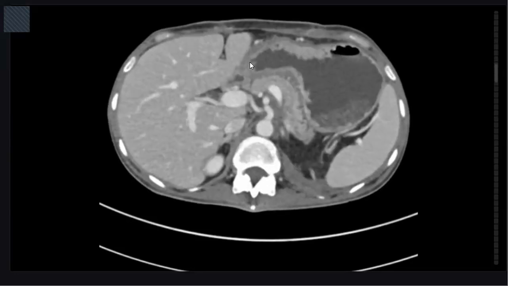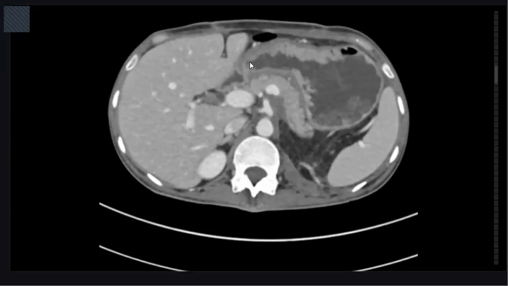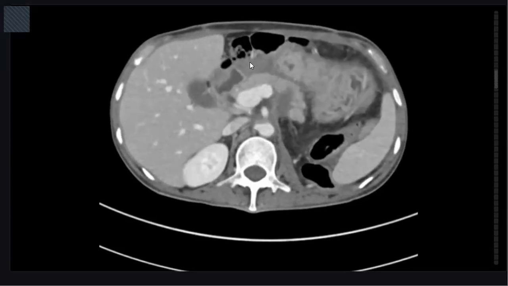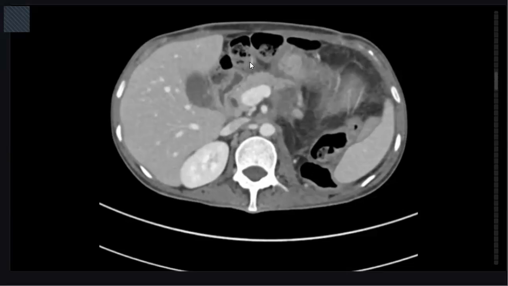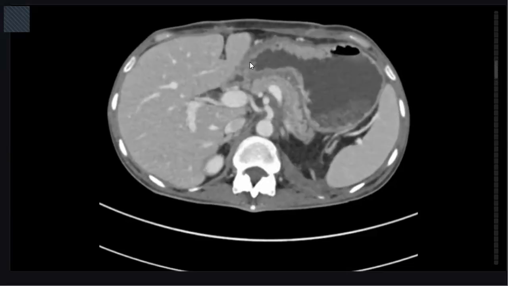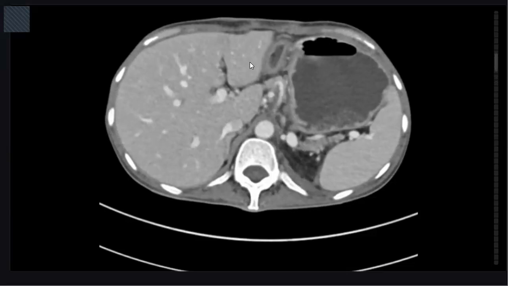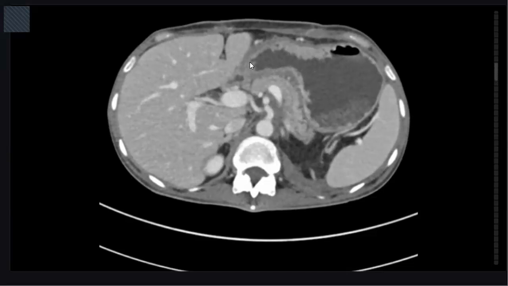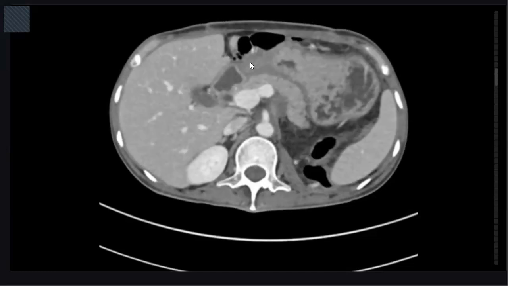And also the pancreas. Where is the left kidney? Yes, the left kidney is not seen in this image, so it is likely surgically removed.